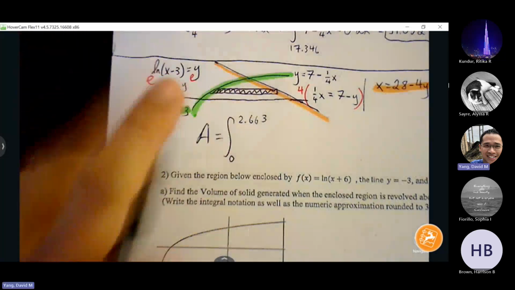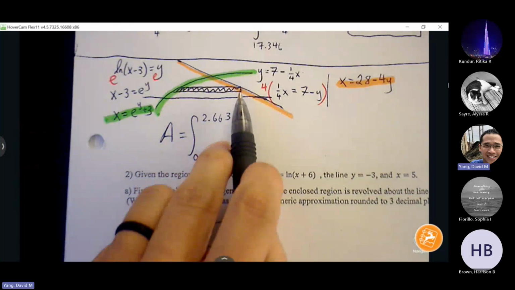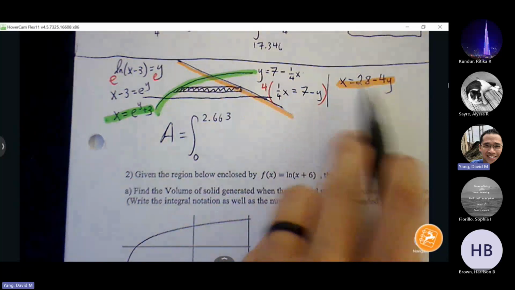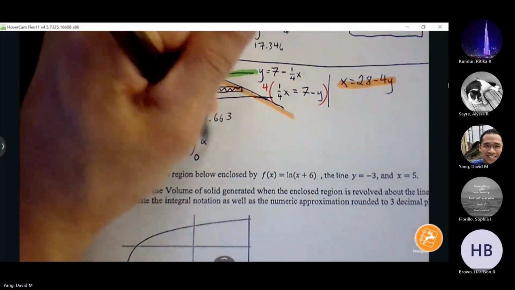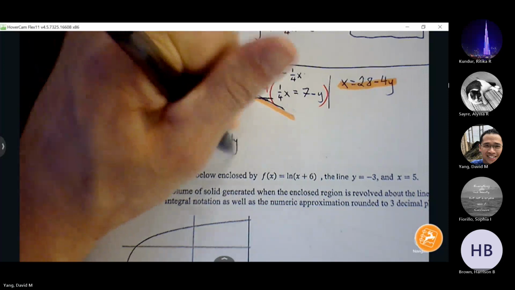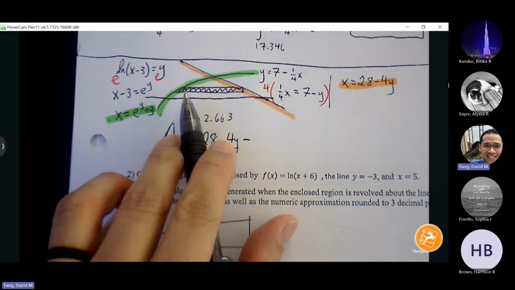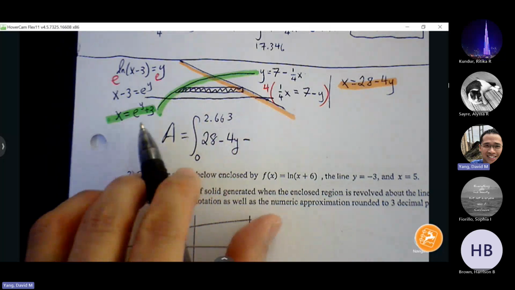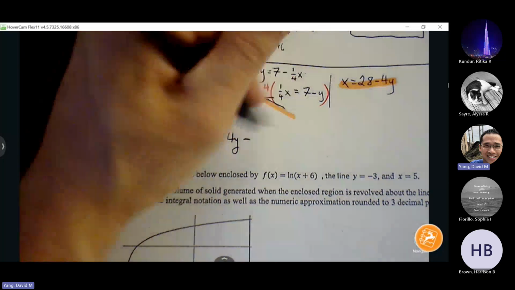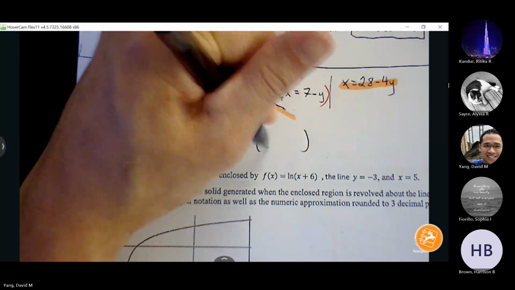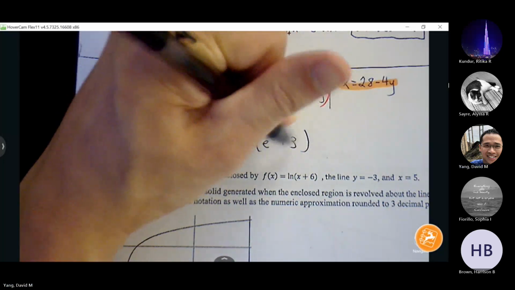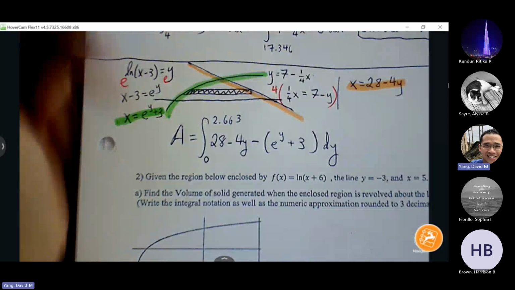Okay. So right minus left. The right endpoint of my rectangle is on this orange graph, which is the 28 minus 4y, minus the left endpoint of my rectangle, which is sitting on the green graph, which is the e to the y plus 3. Make sure you put parentheses around that. Practice plugging this in your calculator.